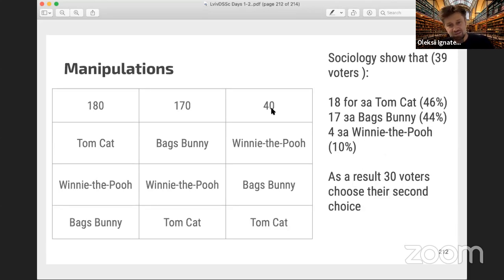So as a result, 30 voters from the last column switch from the first choice, which has no chances at all, to the second choice, and now Bugs Bunny is the winner. So producing this sociology influences the result of the election.